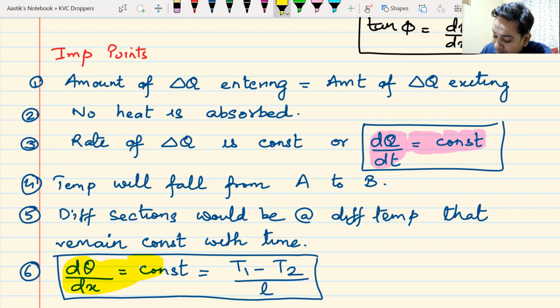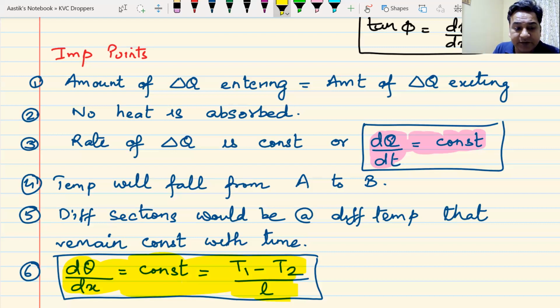The temperature gradient will be constant. You take any section and find out its temperature gradient, and that will be constant and equal to T1 minus T2, higher temperature minus lower temperature, divided by the entire length L.